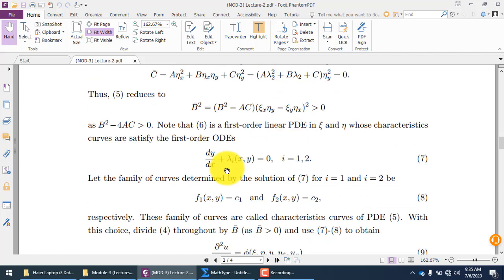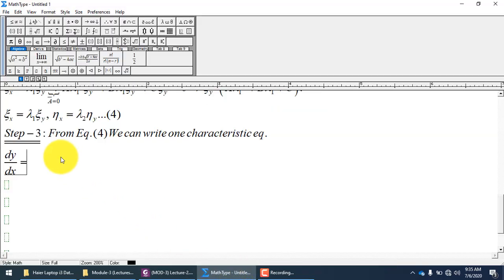So in general you can write dy by dx equal to a, or you can take it on the left hand side plus lambda i. Some books say this is minus lambda i; it does not alter the calculation. You can take plus or minus, whichever you want. So you can write lambda either 1 or 2.